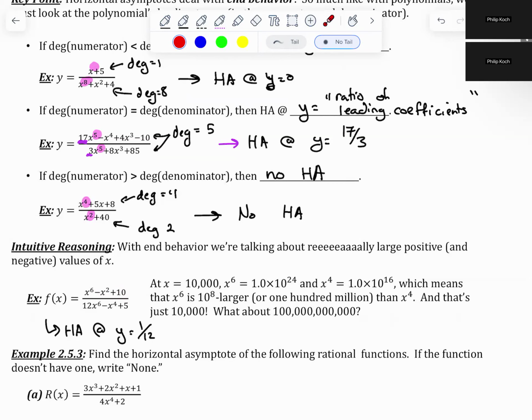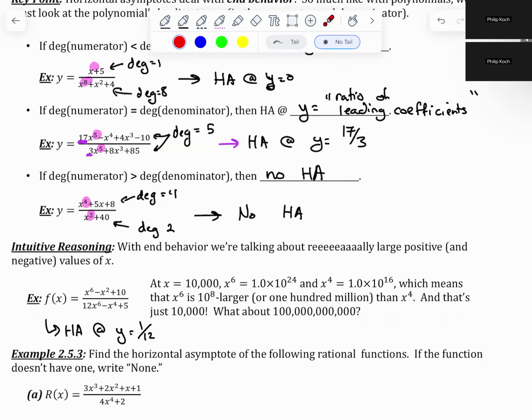And so basically all the other stuff does not matter. All you're looking at is the leading coefficients, and these are going to increase at the same rate. All you really got is 10 billion over 12 billion, which reduces down to 1/12.